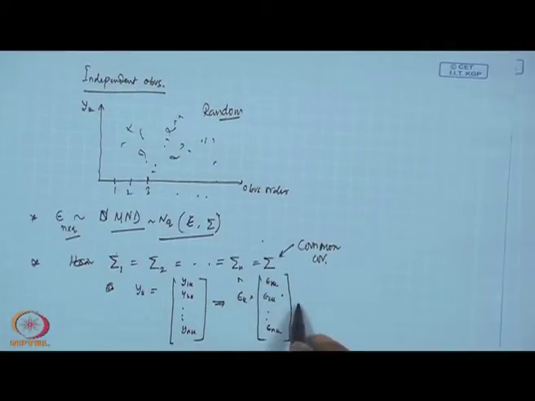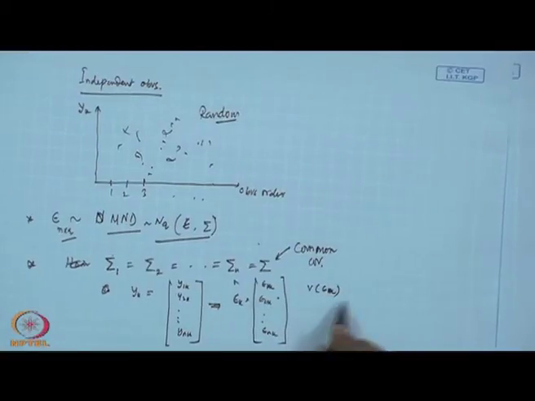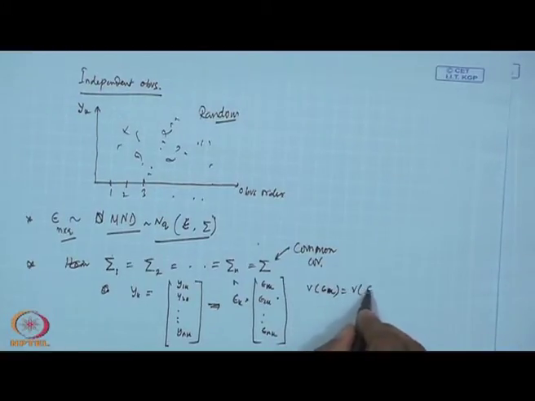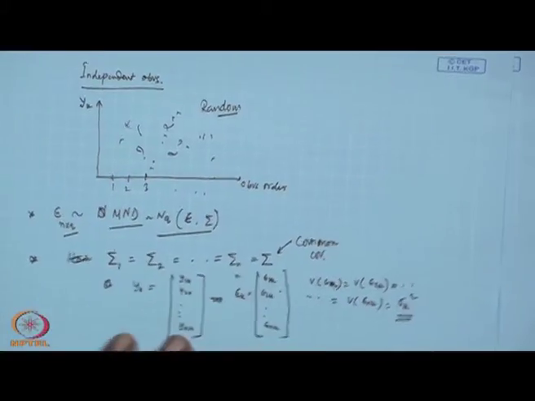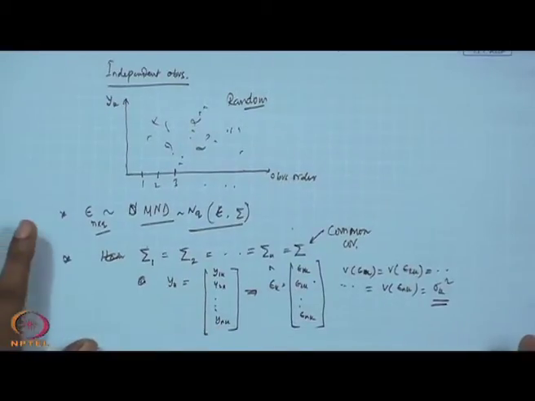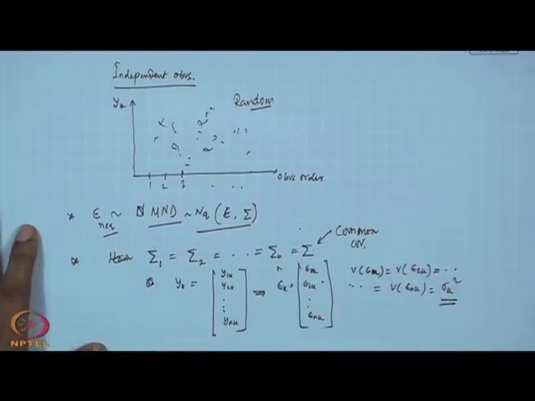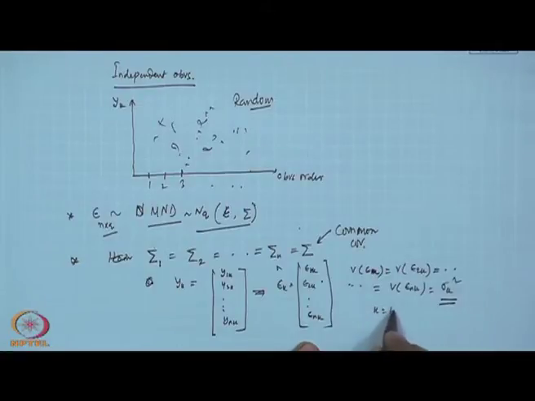Then what we mean by errors having equal variance is that the variance of epsilon 1 k equals the variance of epsilon 2 k, like this equals the variance of epsilon n k, and that will be sigma k square. Keep in mind, that will be sigma k square. So, k runs from 1 to q.